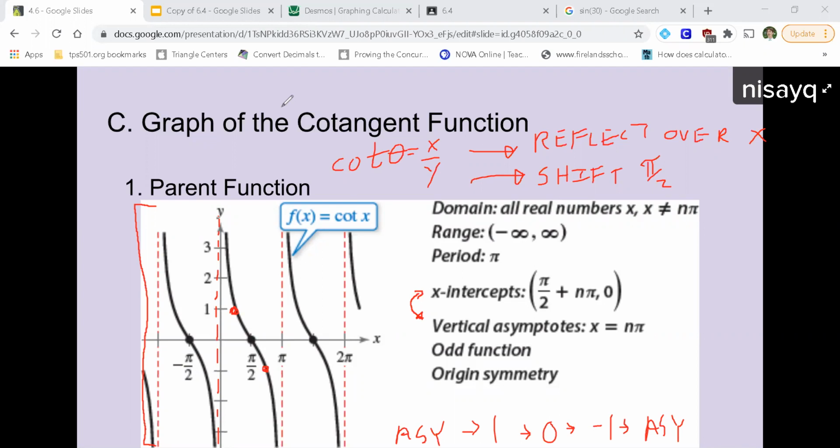And instead of going from negative pi over 2 to pi over 2, it'll go from 0 to pi. So the halfway point would be pi over 2. The quarter way point would be pi over 4. And the 3/4 way point would be 3 pi over 4.